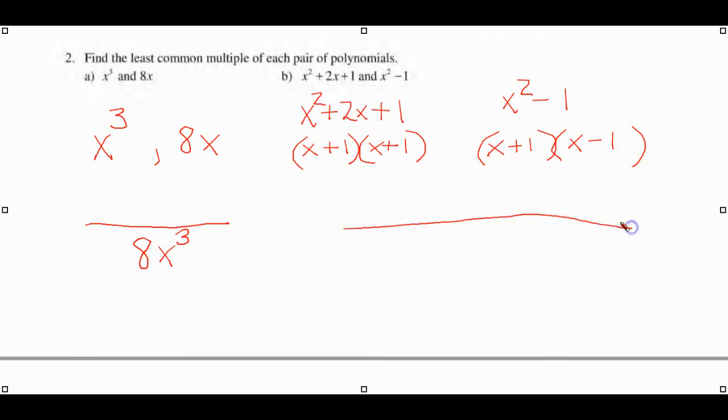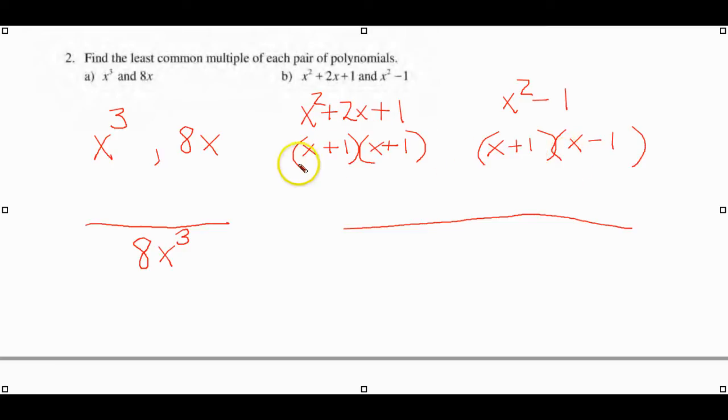Now again, we're thinking of a denominator, a common denominator between these, and the rule is, I'll say it slowly, what is the greatest number of times that any factor is used in any one factorization? So this is a factorization. This is a factorization.